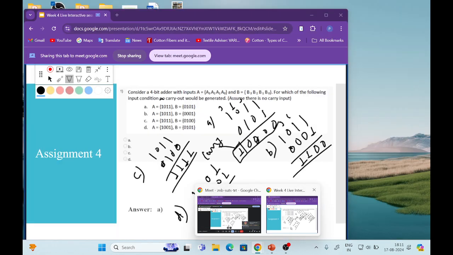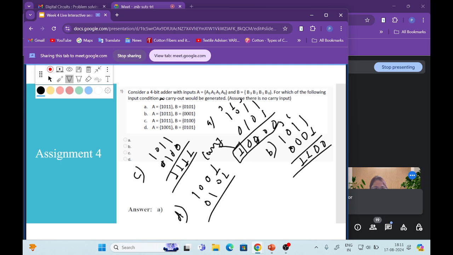The option A is correct, it is given, but let me know how. Again 1 1 0, and 1 carry is propagated to the next, there is 1, again 1 0 1 1 1 0 1, and there is no carry out in option D also.